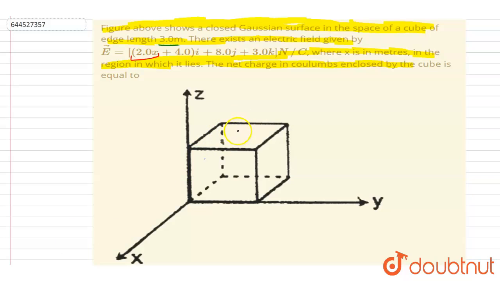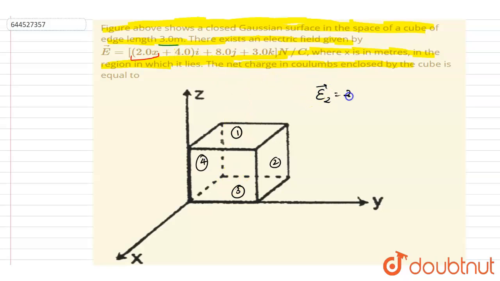This first surface is the upper surface, the area vector will be along the y-axis and the electric field is along the x-axis. For this one the area vector will be along the z-axis, and for another, along the negative y-axis. So for these four surfaces, the electric field and the area vector will be perpendicular to each other.